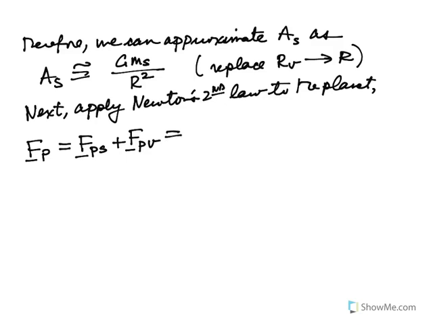The force exerted by the sun on the planet is minus G times the mass of the planet times the mass of the sun, all divided by R cubed times R. The force exerted by the vehicle on the planet still has to be determined.